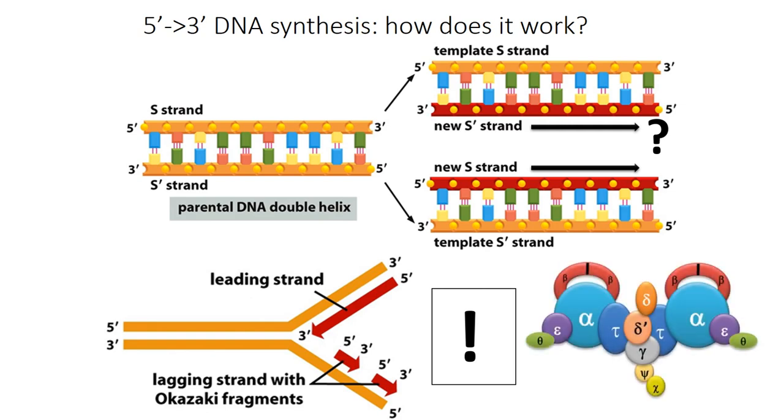As you see here, the DNA polymerase III is more or less symmetric. So, one half works on the leading strand, the other half works on the lagging strand.